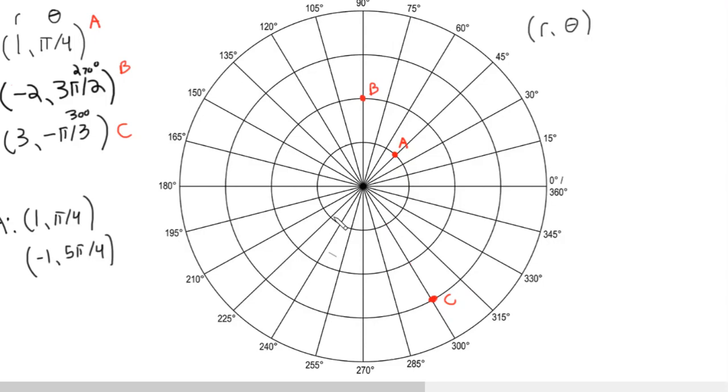But I'm not going to go 1 out because there's a -1, so I'd go 1 backwards, so I'd just travel to here, and I'd be at the same point again. So there's multiple ways to write the same point. One technique is you could add pi to your angle and then reverse the sign of the radius. That's always a great way to get a different representation for the same point.